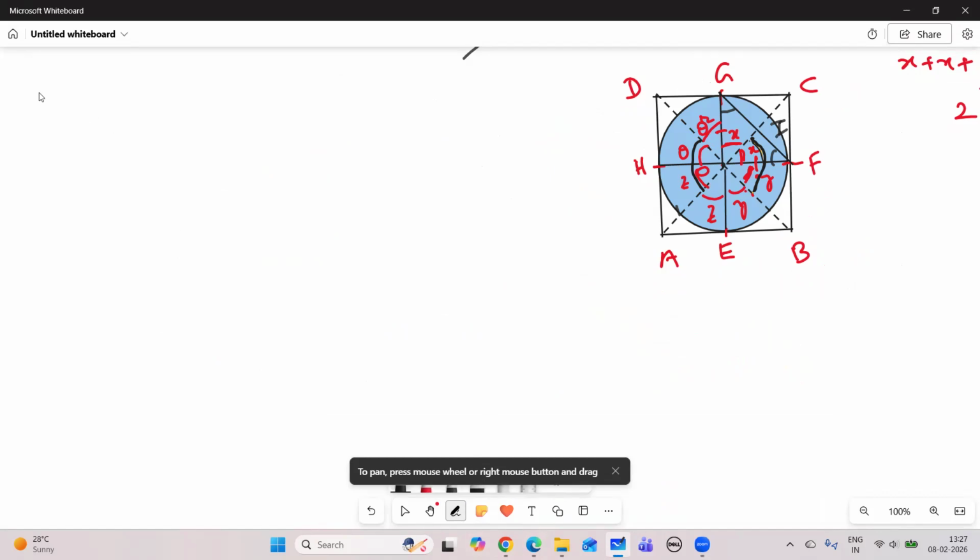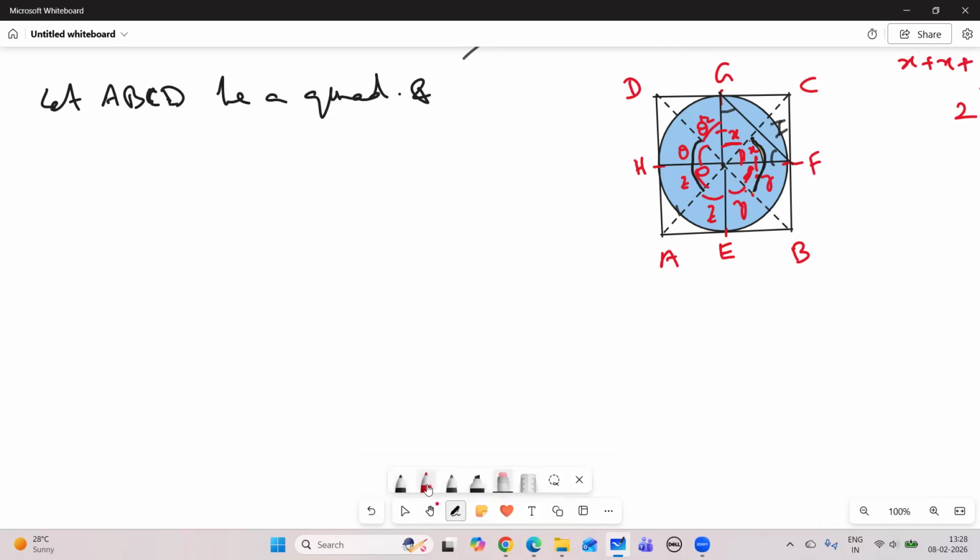So let ABCD be a quadrilateral, and a circle of radius r and center O, and let this circle be circumscribed.